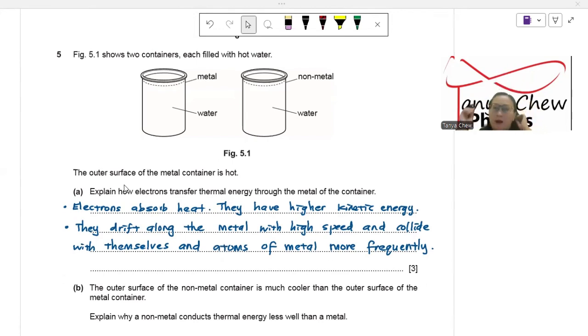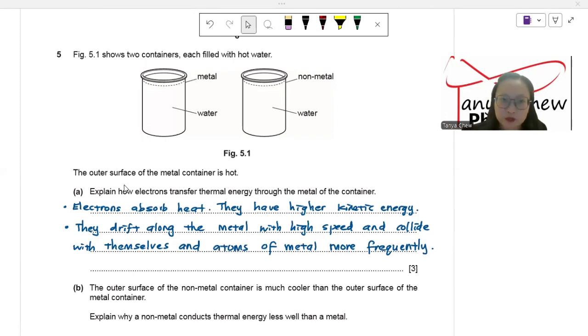The good thing about metal is that it can transfer heat faster compared to non-metal. Why? Due to the free electrons inside the metal. So how do electrons transfer the thermal energy throughout the whole metal container? First of all, electrons must absorb the heat from the hot water.